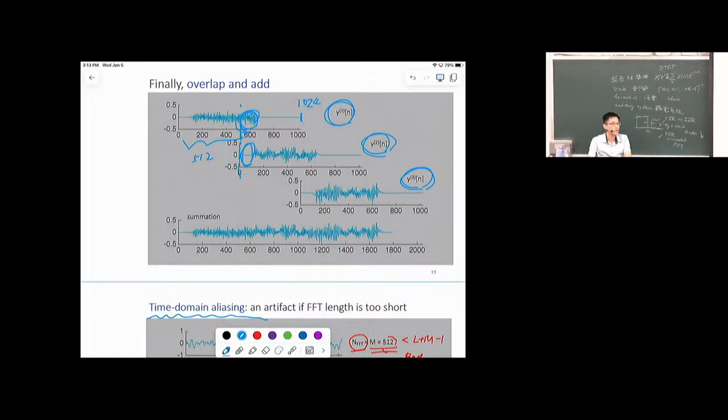Adding does not involve multiplication, so it does not significantly increase your computation load. This action is called overlap and add, literally just overlap and add.